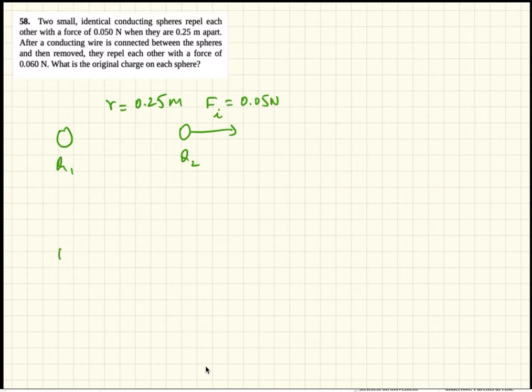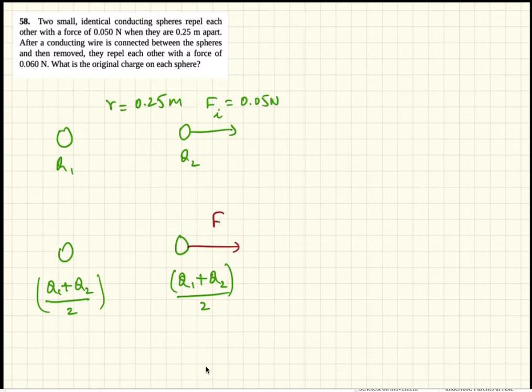Then you connected them with a conducting wire, and now the charge on each one of them is half the sum. The charge is equal because if you add these two charges, you get Q1 plus Q2, which is the original sum. And now the final force is 0.06 newtons.